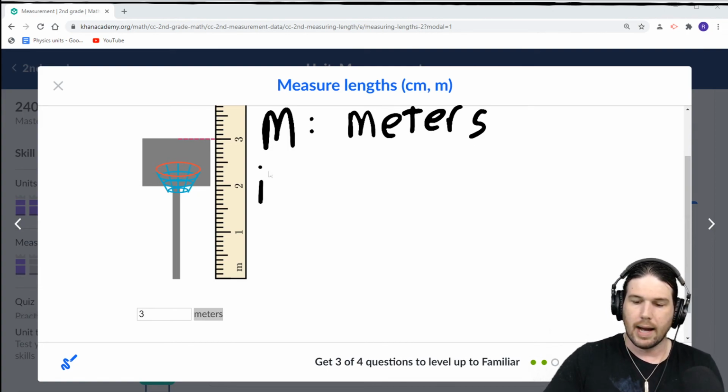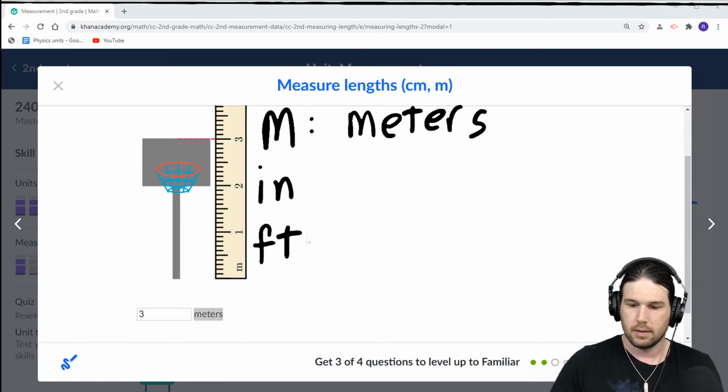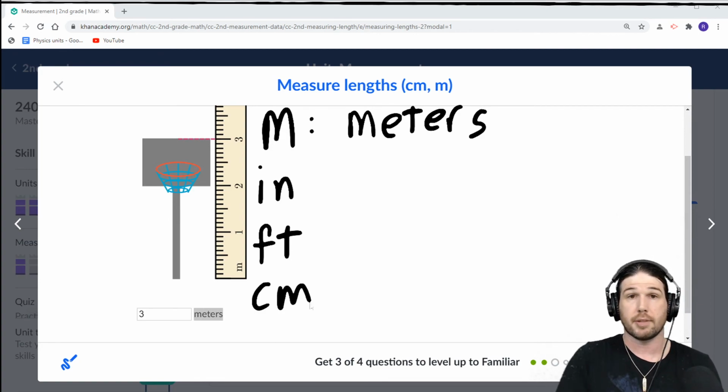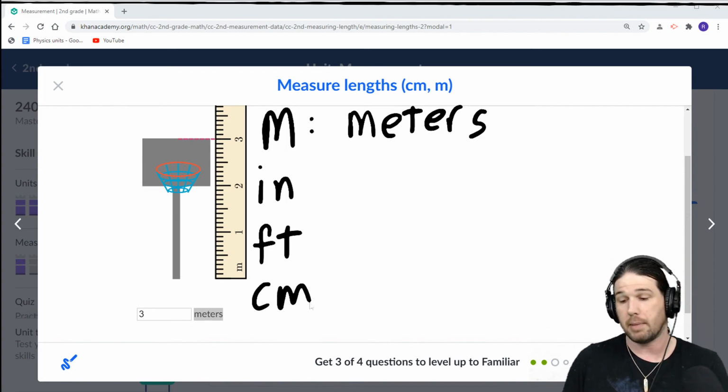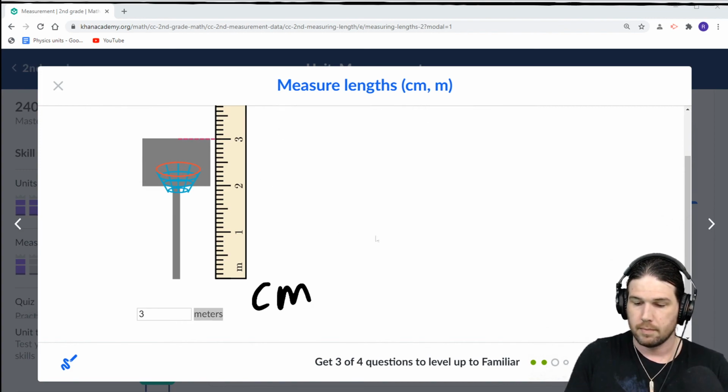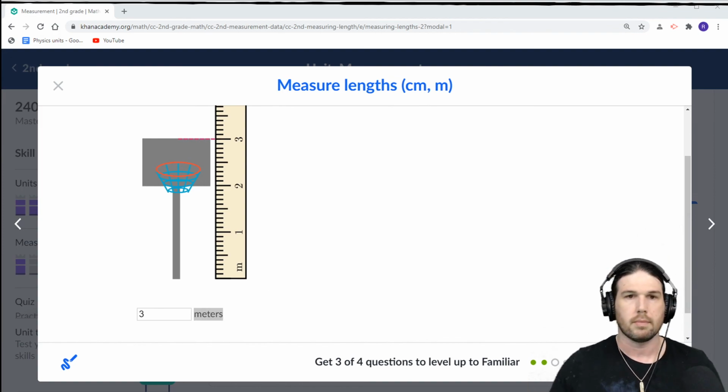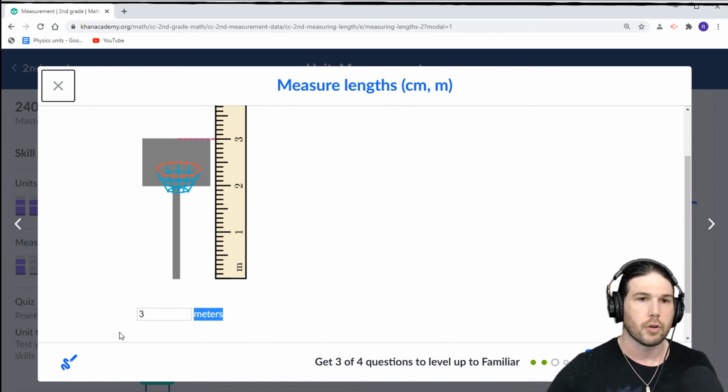And then IN for inches, and FT for feet, and CM for centimeters. Getting students used to these abbreviations will make it a lot easier for them because they won't have to write the word meters down over and over again. They can just put an M down and the teacher will know what they mean. So this one is 3 meters.